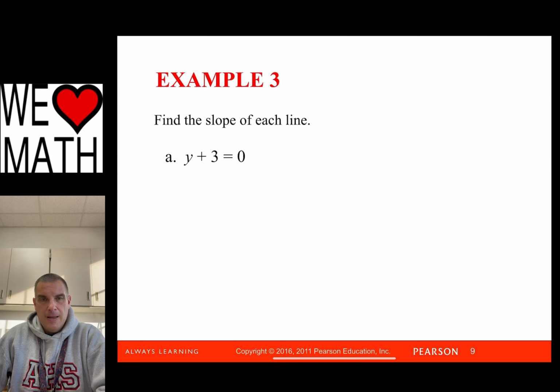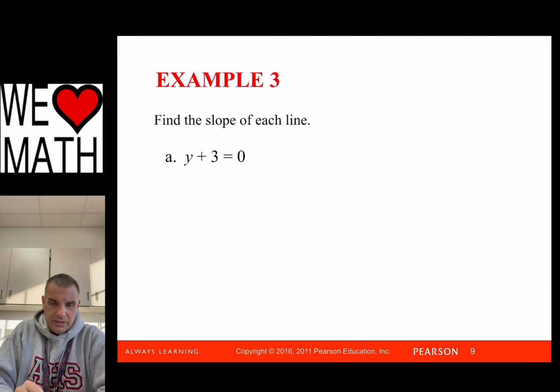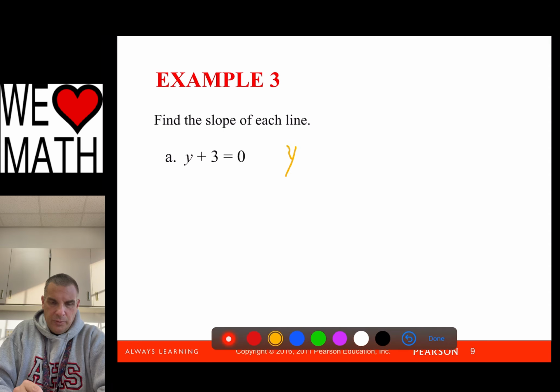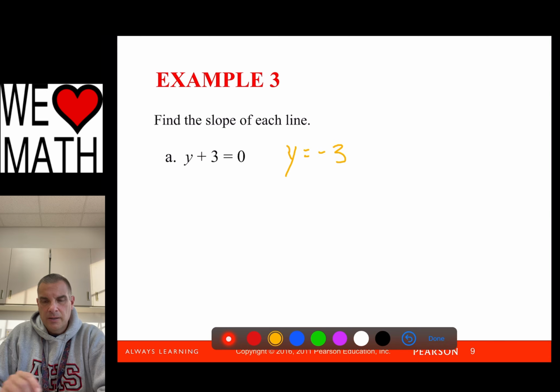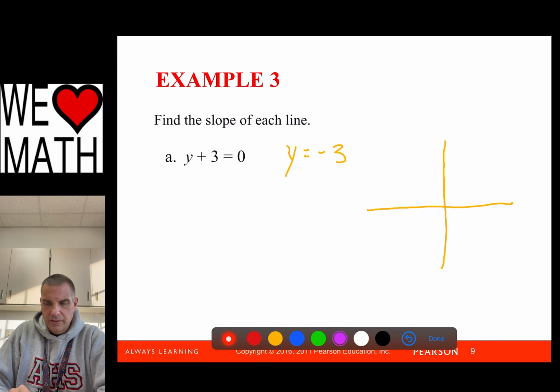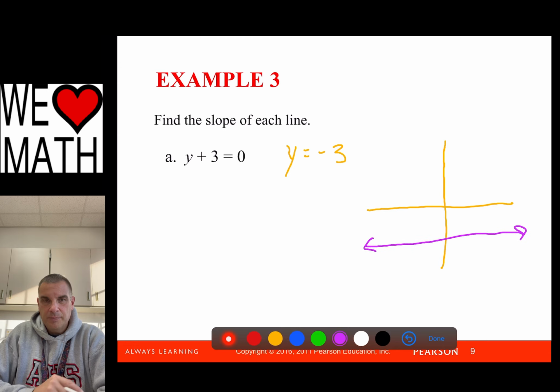Okay. The next one says find the slope of the line y plus 3. So if we think about y plus 3, if we put it in the form y equals mx plus b, we get y equals -3. Well, if you think about what this graph looks like, y equals -3, we talked about in the last lesson, was this line right here.